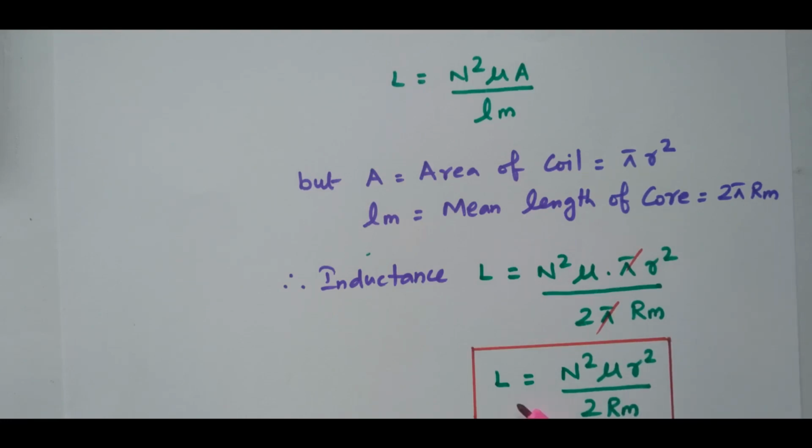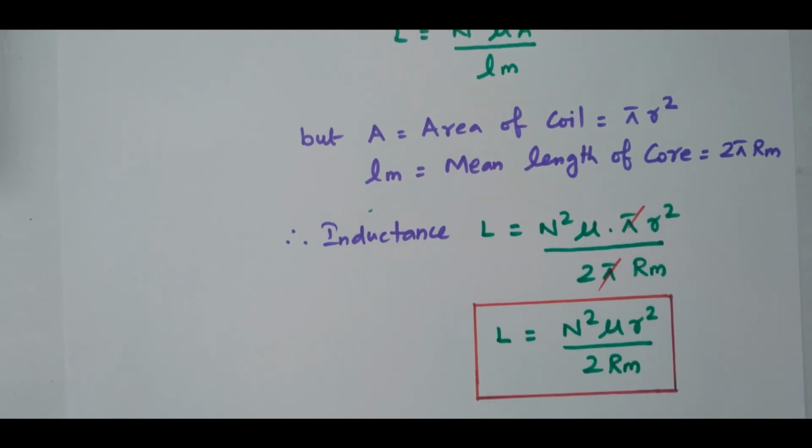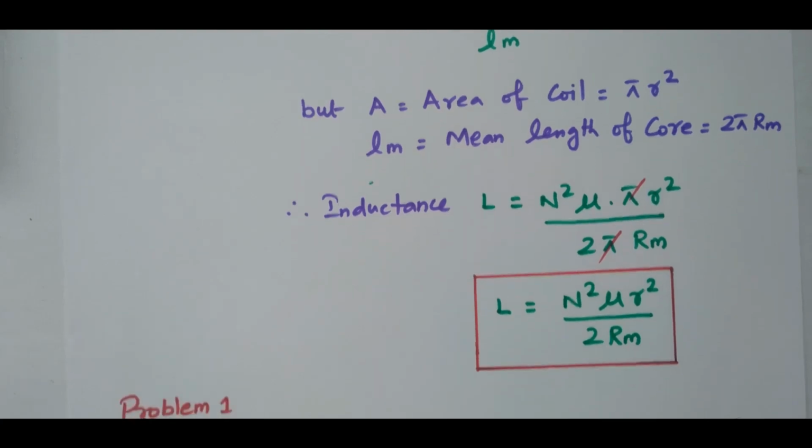So the inductance of the toroid is L equal to N square mu r square divided by 2 rm. So we got the expression for inductance of solenoid and inductance of toroid. Based on that, we'll see the problem. We'll go to the first problem.